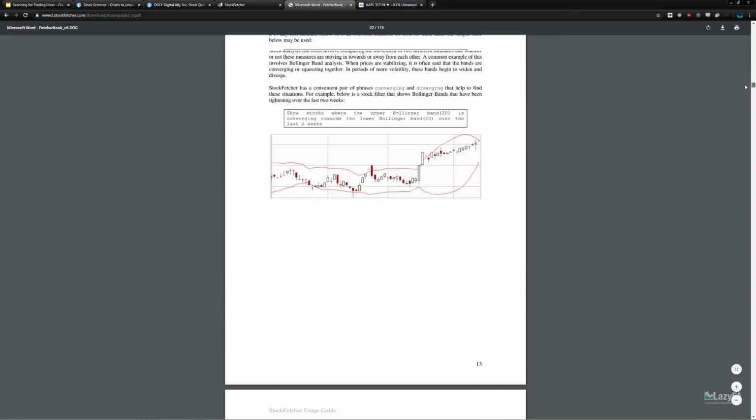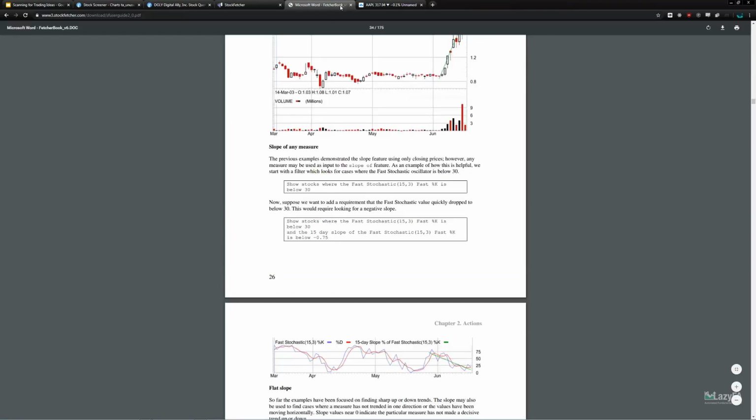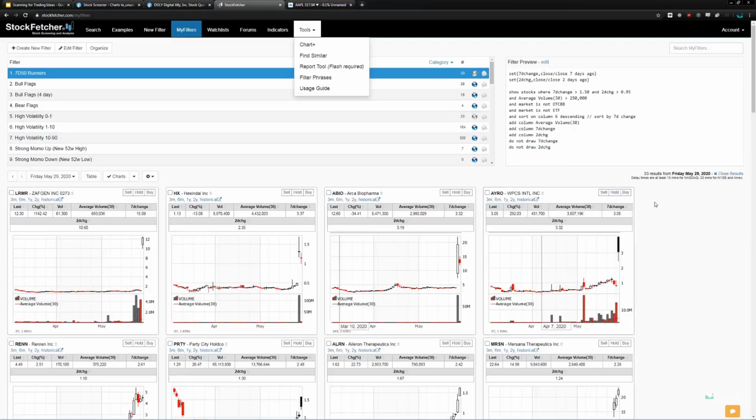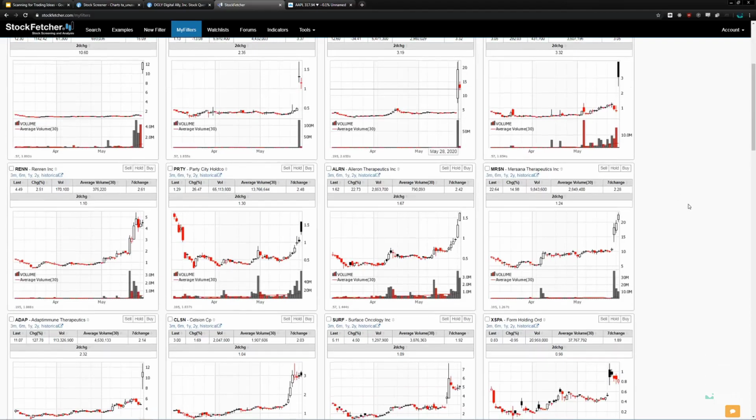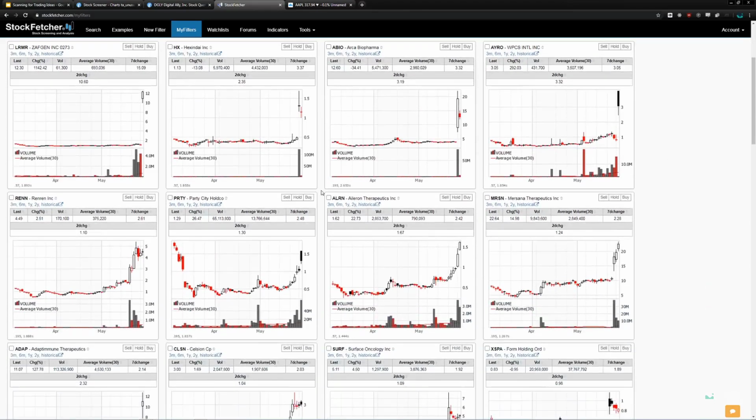But it's a pretty awesome tool for $7 or $8 a month. So I definitely use this a lot, and I've used it for, God, at this point, probably at least 6 or 7 years.